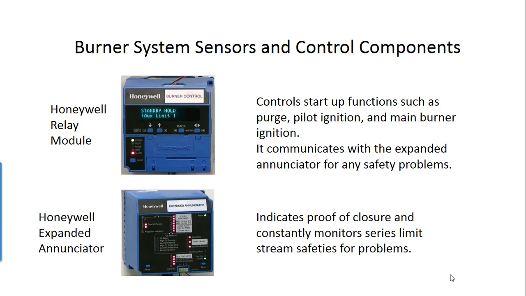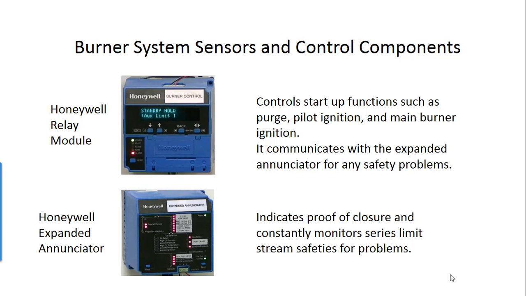The technical name is relay module because it functions as a relay. So it opens and closes things to cause the sequence of operations such as purge to begin. So it controls startup functions such as the purge, pilot ignition, and main burner ignition. It communicates with the expanded annunciator for any safety problems.